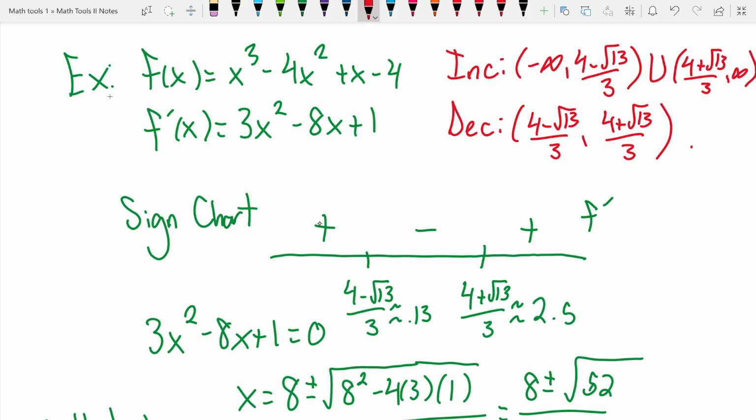So this one, because it's going from positive to negative, we can see that this is going to be a local max. Okay, and this one, because it's going from negative to positive, is going to be a local min. Okay, and this is reflected on the graph, of course, as well.